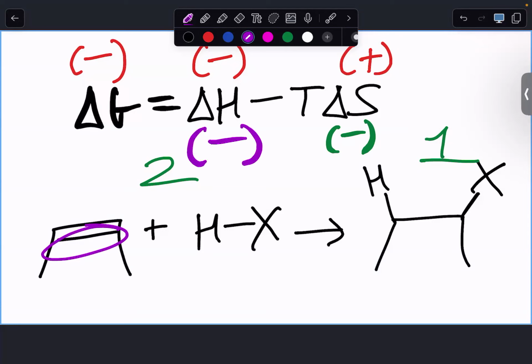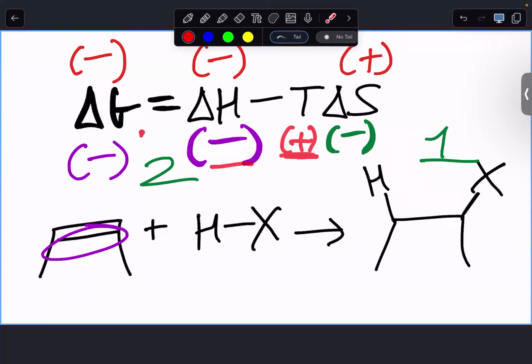And that release in energy is very favorable because that gives us a negative delta H. This negative delta H is going to be bigger in magnitude than the other term. So if it's bigger in magnitude, overall, would delta G be negative or positive? Negative, right? Since this is negative, the minus sign makes that negative a positive charge because the two negative charges cancel out. But this is a small positive charge. Big negative charge overpowers small positive charge. So it's overall negative.